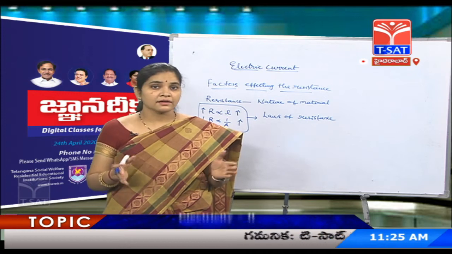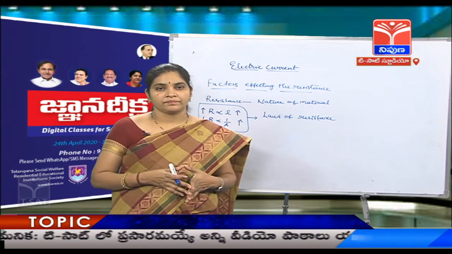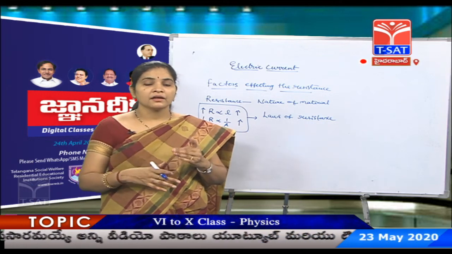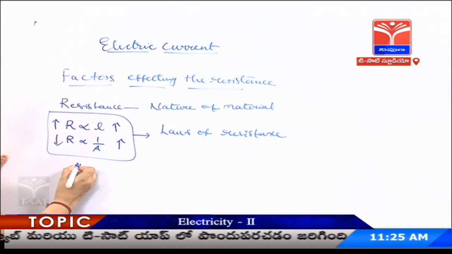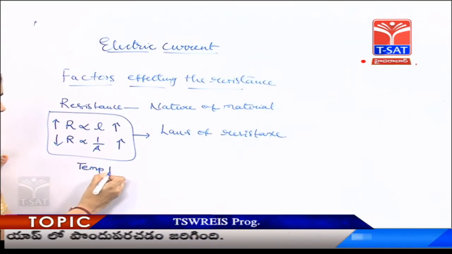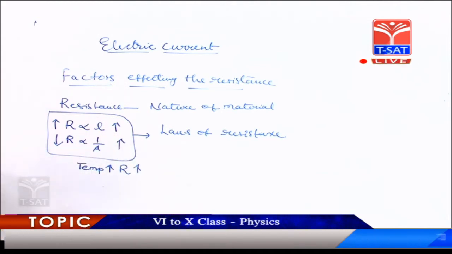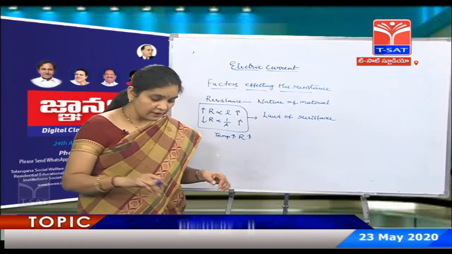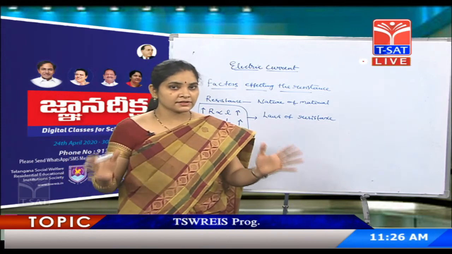As a result, resistance in the conductor increases. So we can say that when temperature increases, resistance also increases. So children, we have studied the factors which affect the resistance.